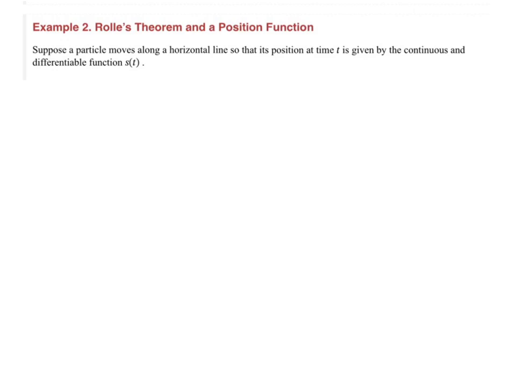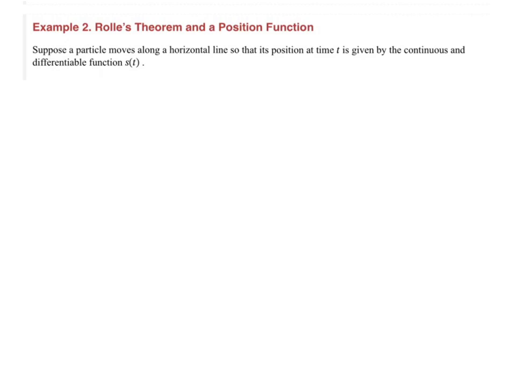If the particle is in the same place at 2 different times, t equals a and t equals b, then s of a equals s of b. Using Rolle's theorem, there is some time t equals c between a and b at which the derivative of the position, or the velocity, is 0.